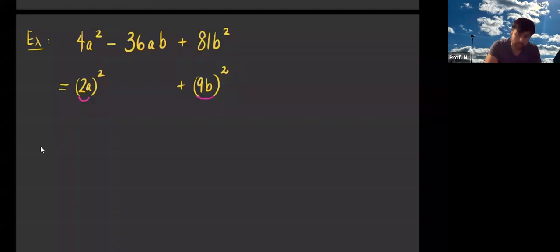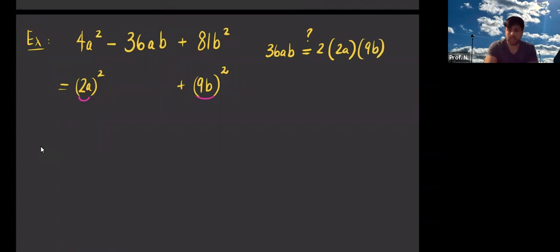Is the middle term, 36ab, equal to 2 times 2a times 9b? Well, 2 times 2 is 4, times 9 is 36. So 2, 2, and 9, when you multiply them, give you 36, and a and b do become ab when you multiply them. So the middle term also works.